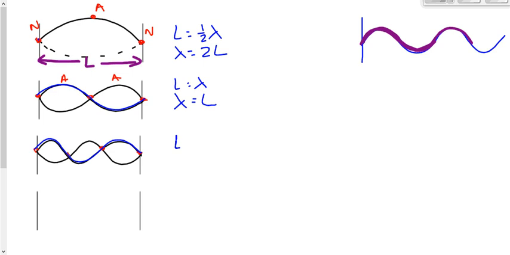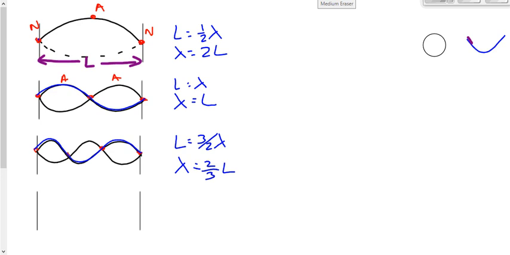So I'm going to say L is equal to 3/2 or 1.5 lambda. Therefore, if we rearrange that, the 2 goes up, the 3 goes down. Lambda is equal to 2/3 L. Again, it's not critical that we use the fraction, but it does help us to see a pattern that should emerge in just a moment.